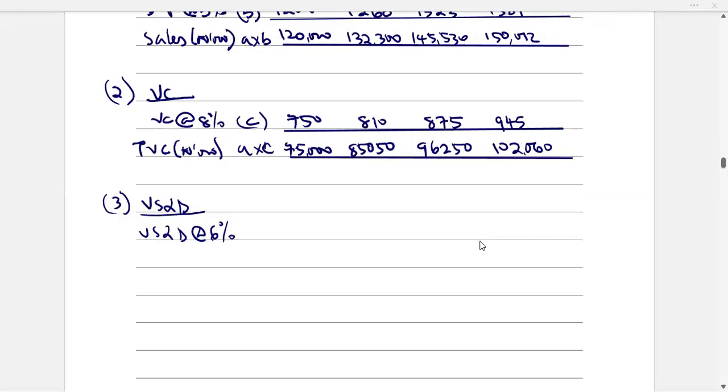So variable selling and distribution expenses is 100 naira. So let's go and inflate that. The first year price is 100 at an inflation rate of 6%. Therefore, 1.06 multiplied by 100 equals 106. 106 multiplied by 1.06 is 112.